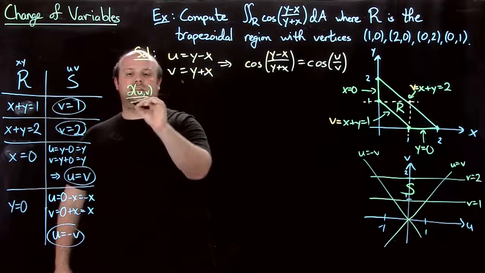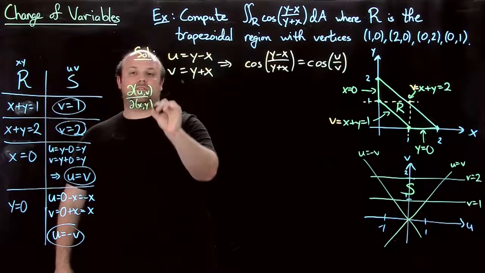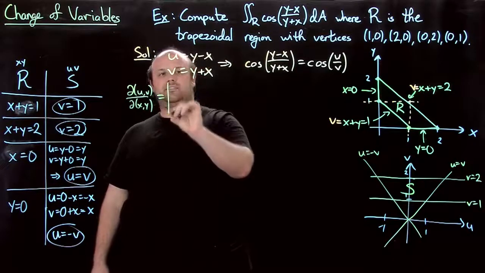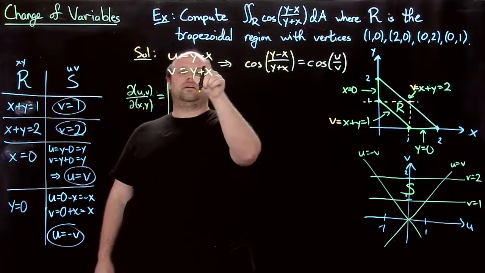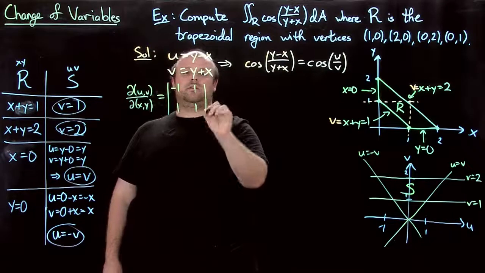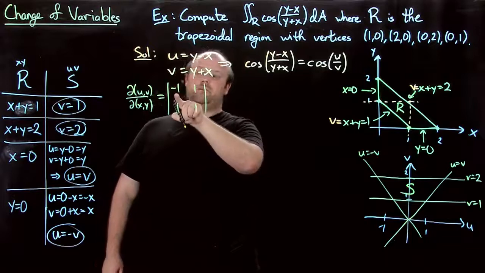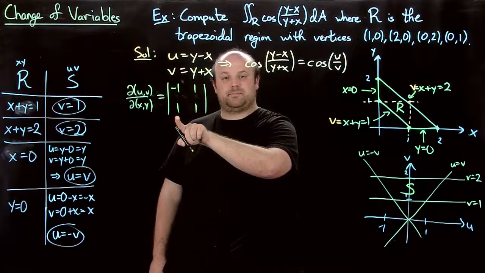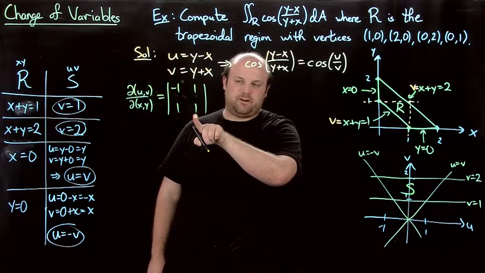So let's find the Jacobian, sort of the backwards transformation from what we want. Right? So this is the determinant of minus 1, 1, 1, and 1. Remember here we're taking derivative of u with respect to x, u with respect to y, v with respect to x, and v with respect to y.